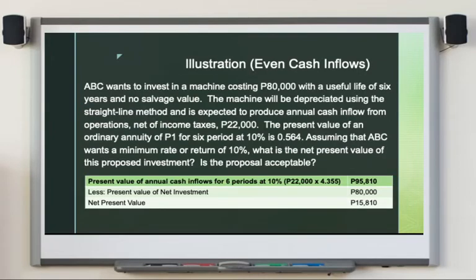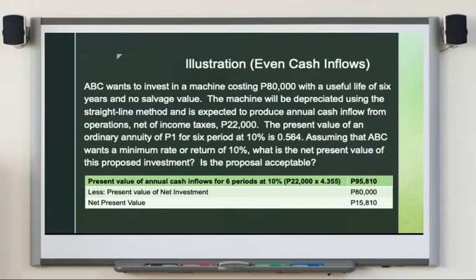So we have here the illustration using NPV for even cash inflow, meaning the cash inflow for every year is the same. ABC wants to invest in a machine costing 80,000 with a useful life of 6 years without salvage value.